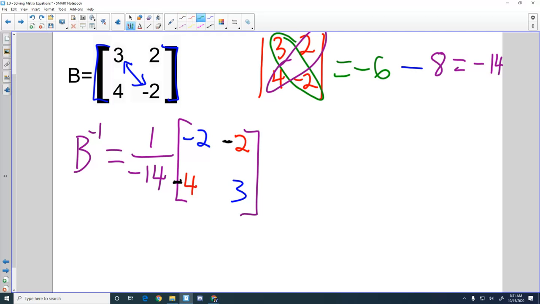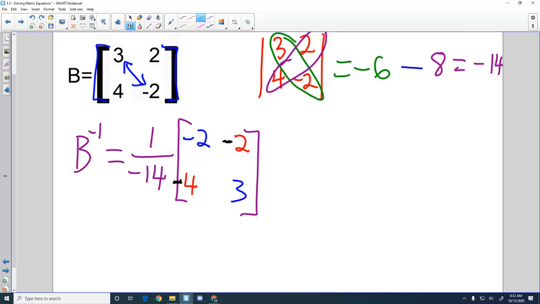Now, when we are using this to solve a matrix equation, generally we're going to leave it with these two parts, with this fraction out in front and the matrix inside. But if you think about it, this fraction in front is kind of like scalar multiplication. Do you remember when we had a number in front of a matrix and we distributed it inside to every element? Technically, we would do that here.